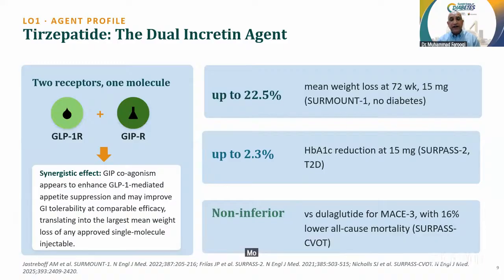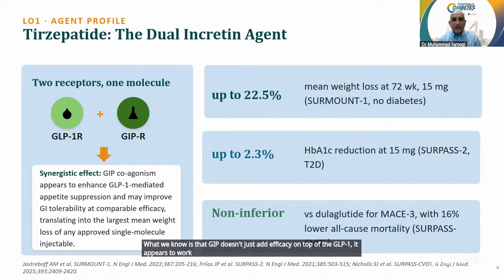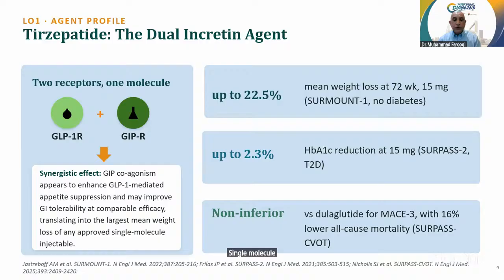Moving on to tirzepatide, the dual incretin agent. What we know is that GIP doesn't just add efficacy on top of the GLP-1, it appears to work synergistically, which is likely part of why tirzepatide achieves the largest weight loss of any approved single molecule injectable to date.